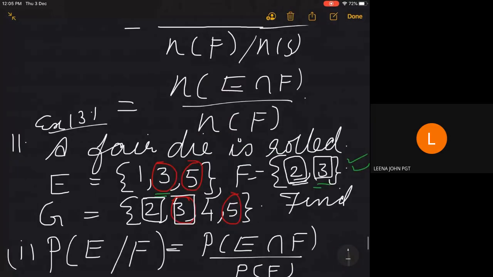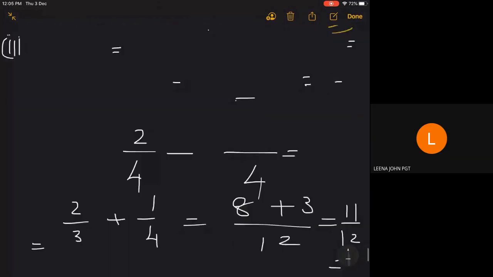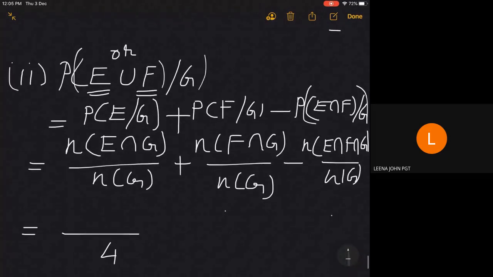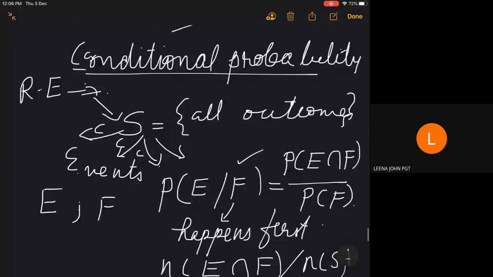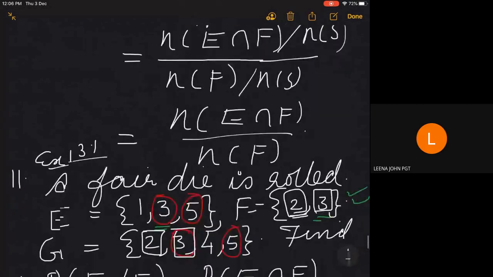Now E intersection G. E intersection G has got 2 elements in common, that is 3 and 5. So there are 2 elements, plus F intersection G. F and G have how many elements in common?